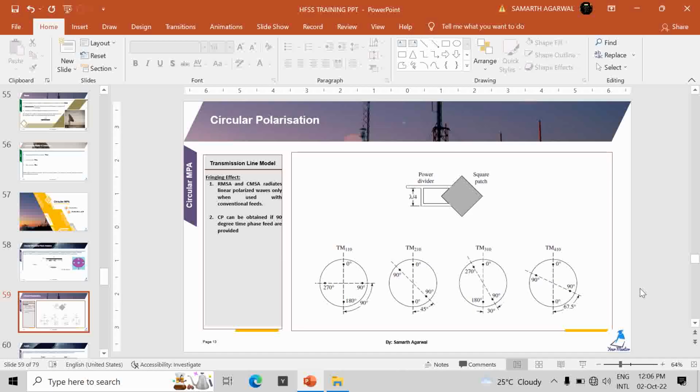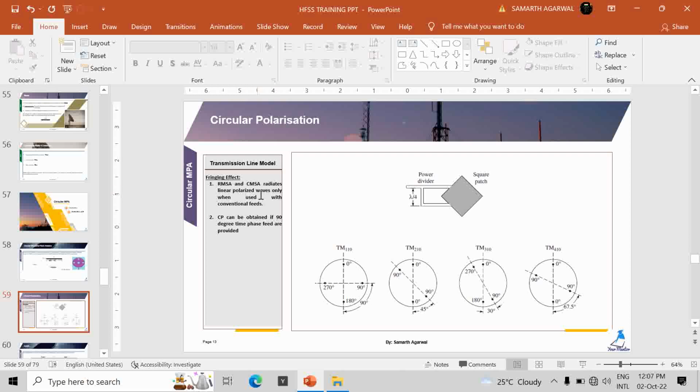Generally, in order to provide circular polarization, a 90-degree phase shift can be given by a lambda by 4 line, and it is fed to the same square patch. Whatever power we are giving, we give the same with a 90-degree shift, so that it will have both vectors, 0 degree and 90-degree.